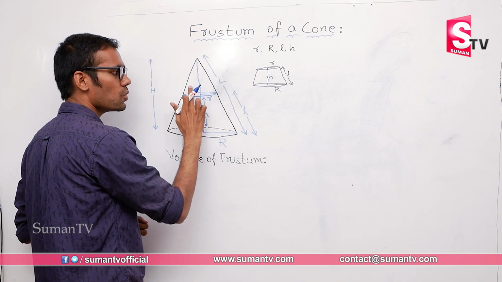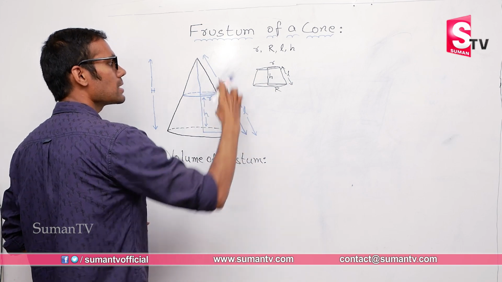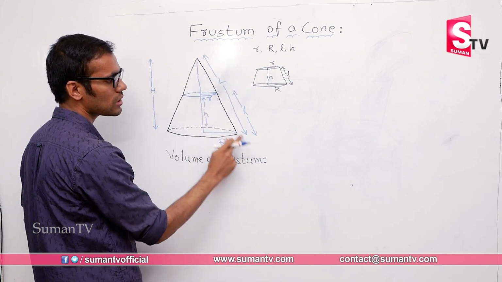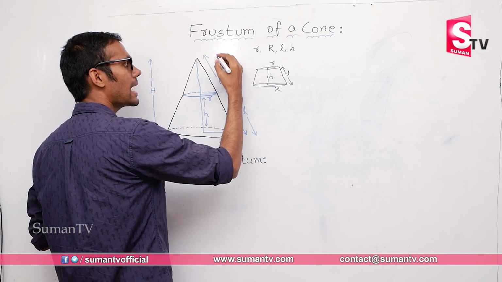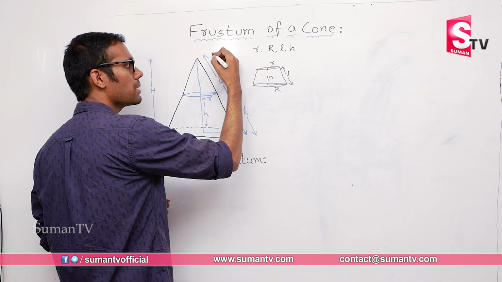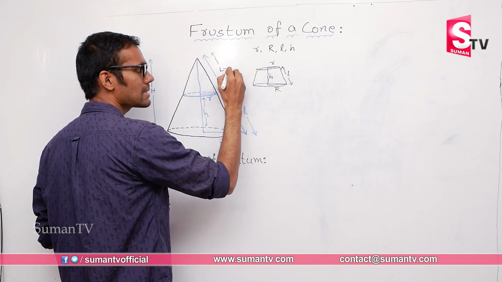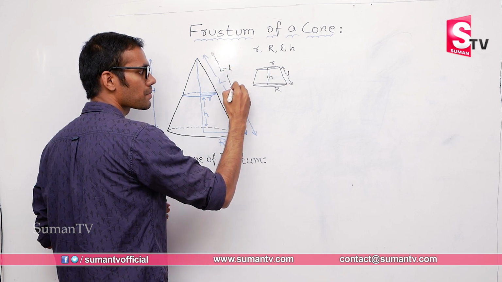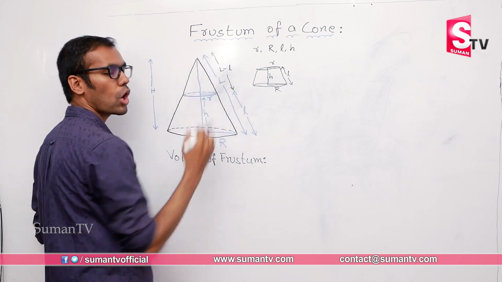Now, let's try to write the parameters of the smaller cone as well. So, smaller cone, slant height will be how much? If the total slant height is capital L and the slant height of the frustum is small l, the slant height of the smaller cone will be capital L minus small l. And what will be the height of the smaller cone?